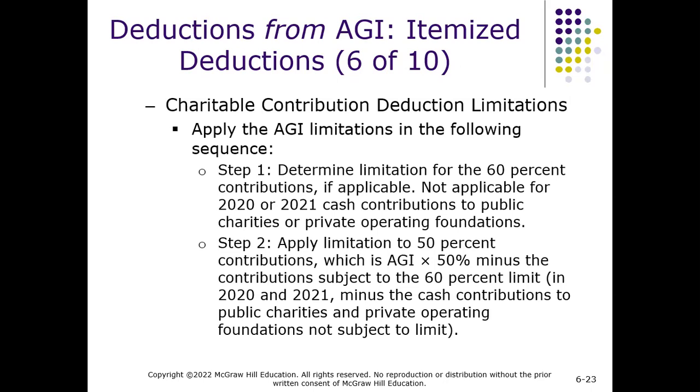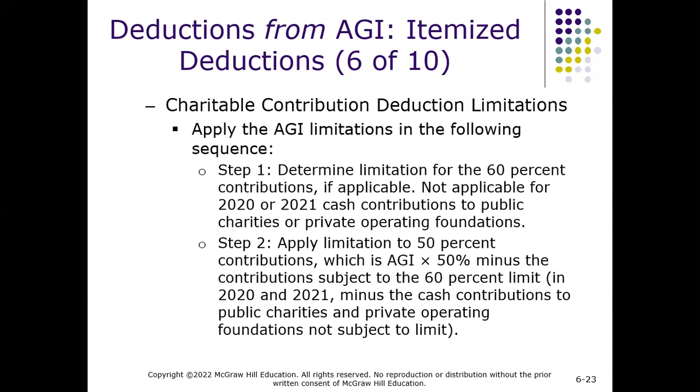Because not only do we have to put our property contributions into these income categories, but then we have to determine what type of entity or charitable organization it was donated to, because there are further limitations on how much we can deduct. Most charities we donate to are public charities, but sometimes there are private operating foundations. These are privately sponsored foundations that actually fund and conduct charitable activities.